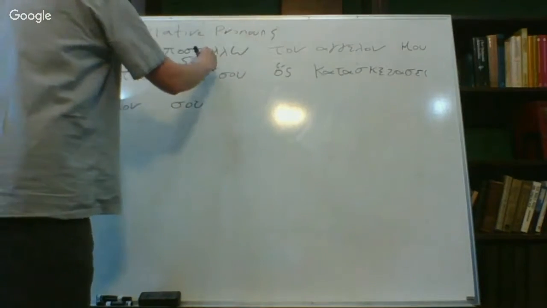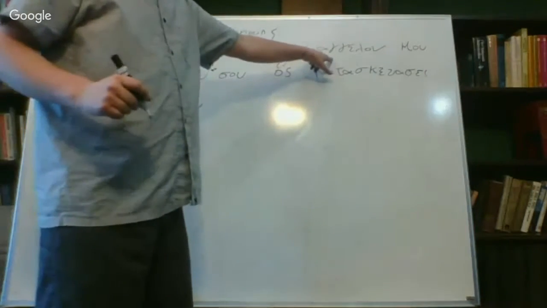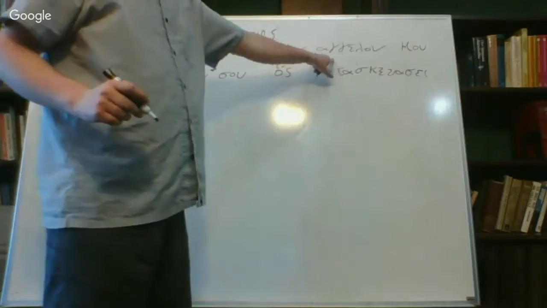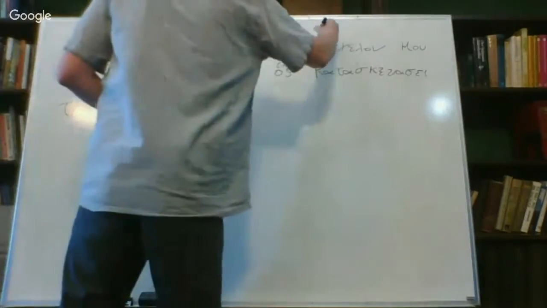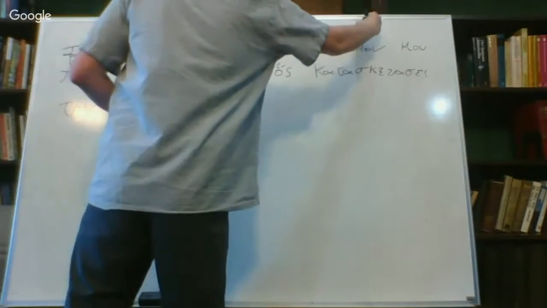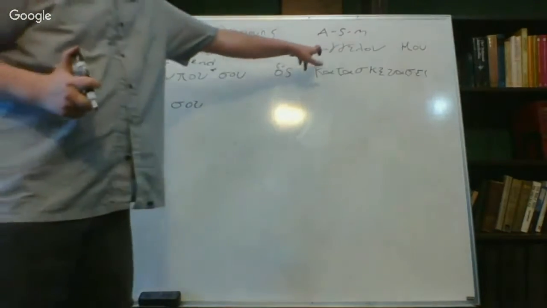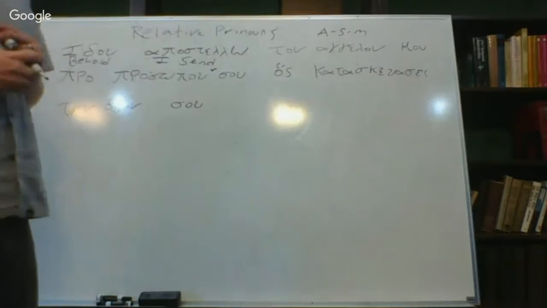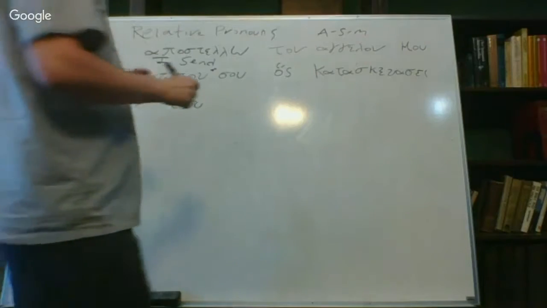So here is our, we'll get there, ton angelon. It is accusative, singular, and masculine. From, well, what's the inflected meaning? Messenger.